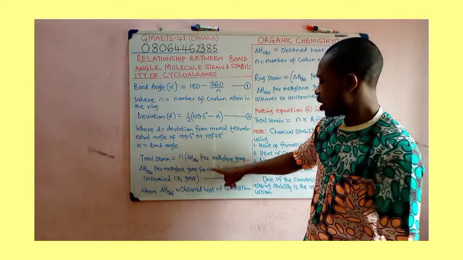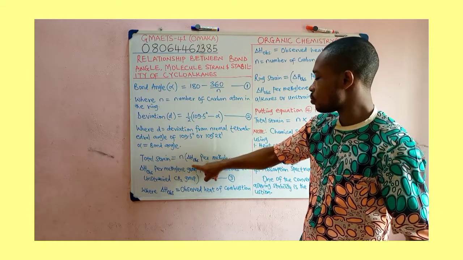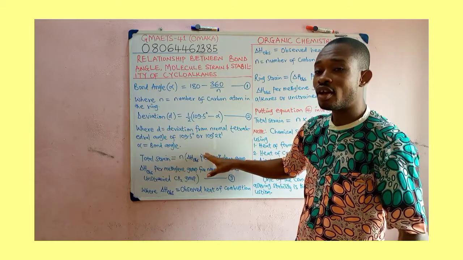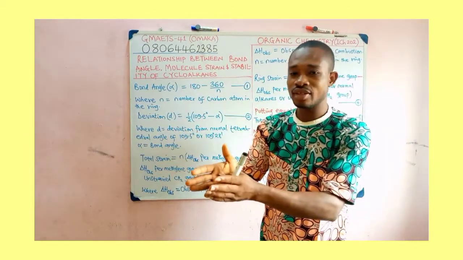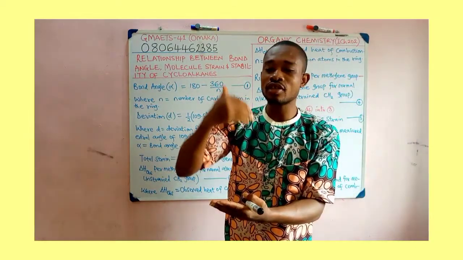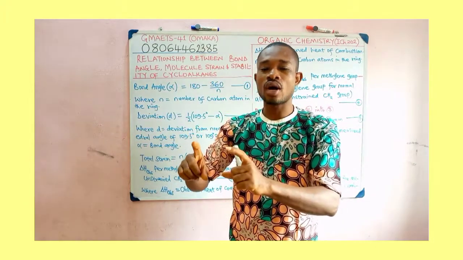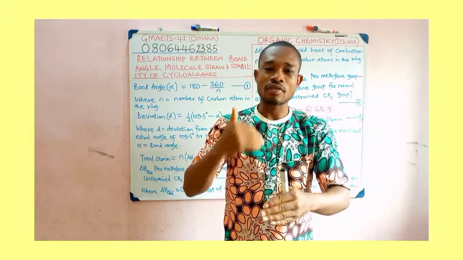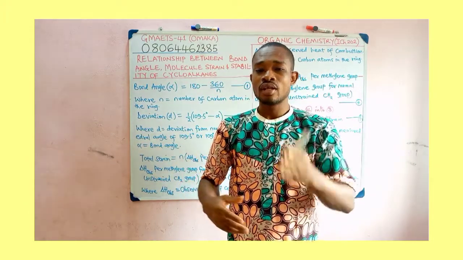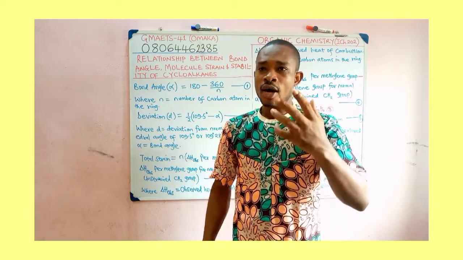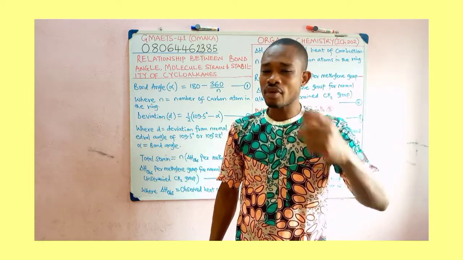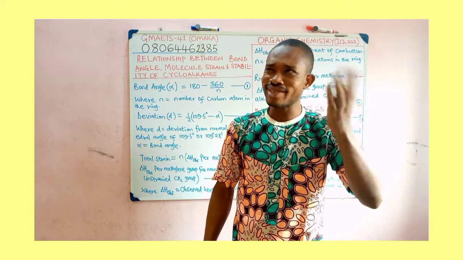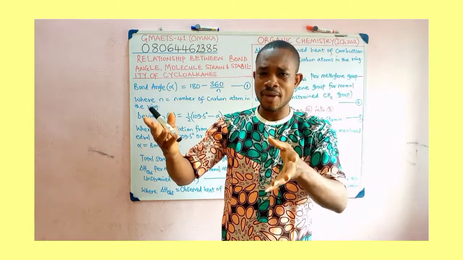But if you want to calculate the observed heat of combustion per methylene group for any given cycloalkane, it's going to be the molar heat of combustion of that cycloalkane divided by the number of carbon atoms in the ring. Take for instance, once again, cyclopropane: the molar heat of combustion is about 498 or 499, thereabout. Is that okay?